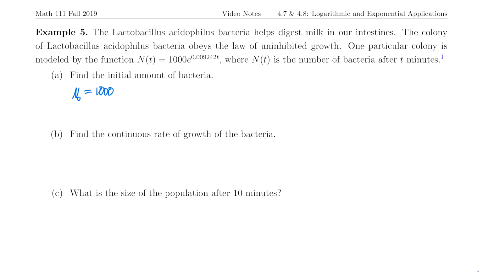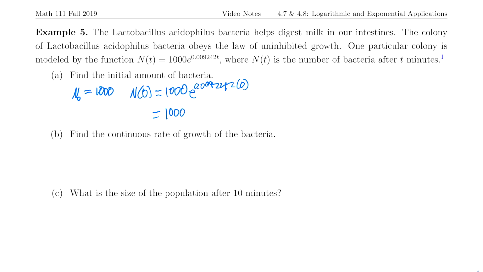The reason for that is that we can say N of 0 equals 1000 e to the 0.009242 times 0. E to the 0 is 1, so that is exactly 1000.